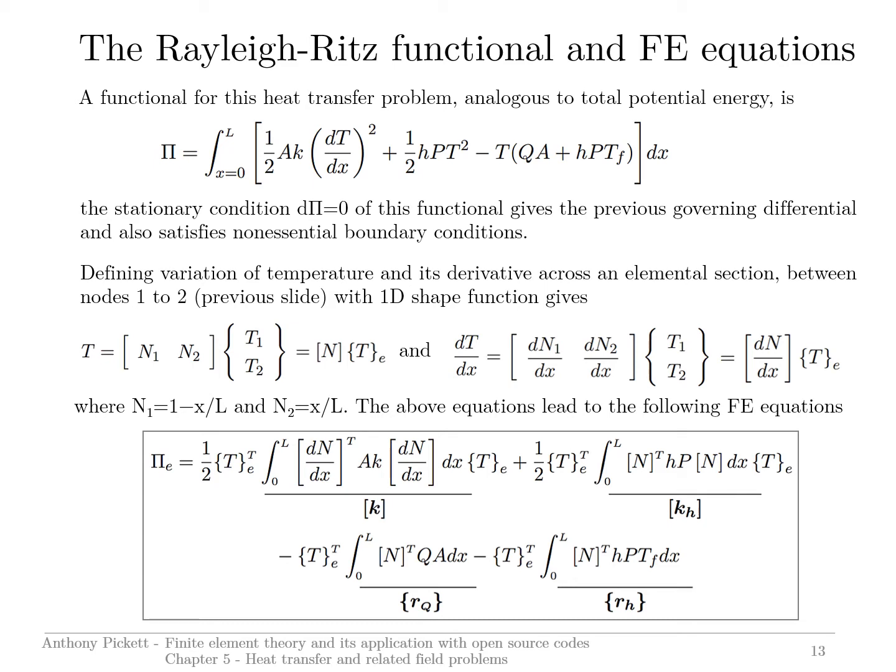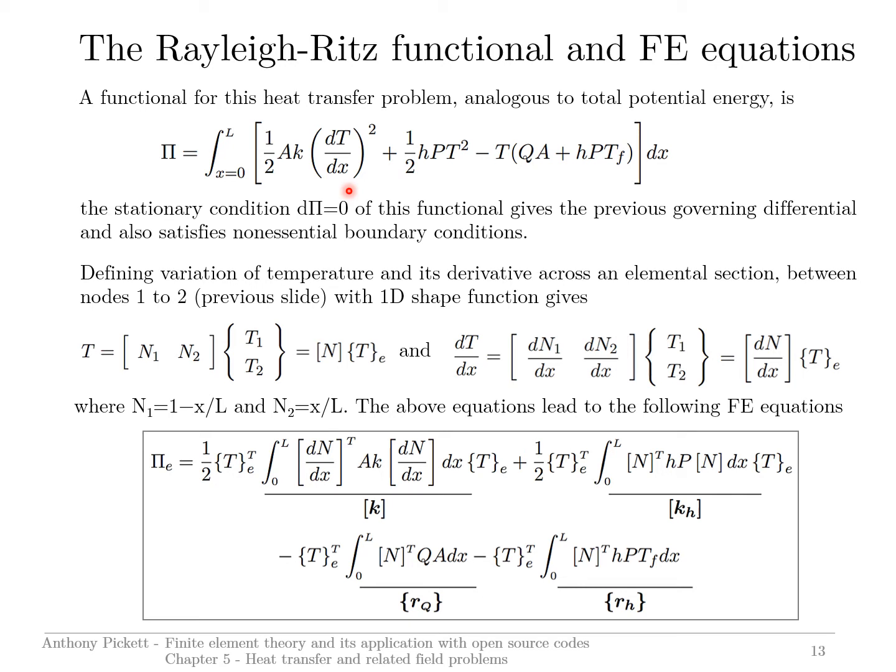And you see, for example, if you look for the stationary condition by differentiating this with respect to temperature, so we're differentiating this, you will obtain the energy balance equation given on the previous slide. Also, it can satisfy the non-essential boundary condition that we stated on the previous slide because we have this dT/dx term in here.